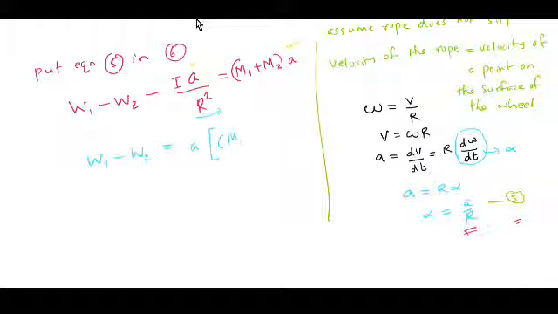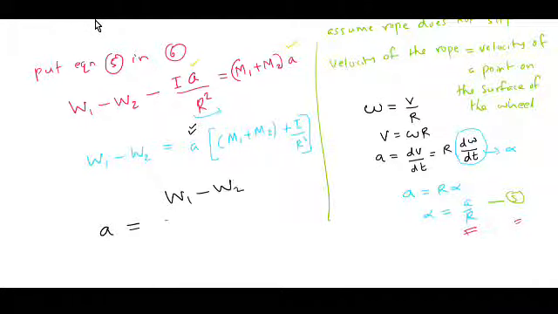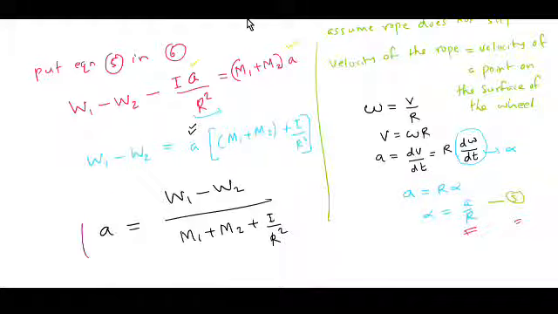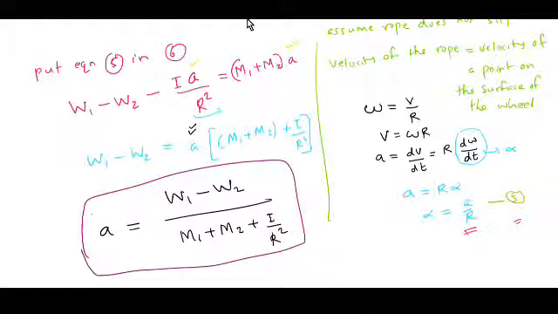This is m1 plus m2 plus I divided by r square. Here the acceleration that is to be calculated is present in the RHS. Therefore, take that A one side, W1 minus W2 divided by m1 plus m2 plus I divided by r square. One can say this is the general expression.